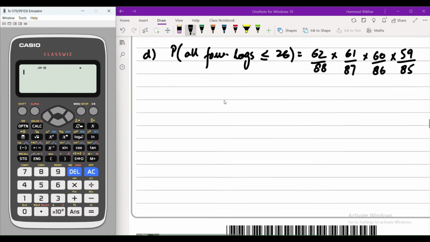So 62 times by 61 times by 60 times by 59 divided by 88 divided by 87 divided by 86 divided by 85. So that comes up to be 0.239.